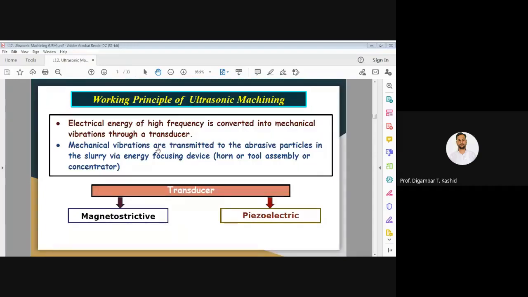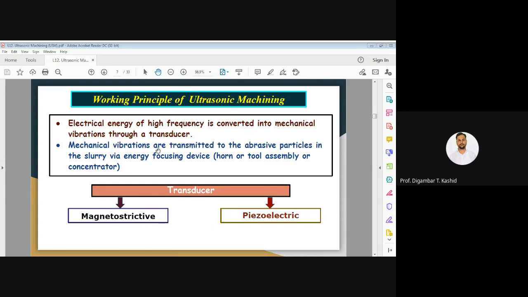Now I will explain the working principle of this ultrasonic machining. We have seen that electrical energy of high frequency is converted into mechanical vibrations through the transducer unit. These mechanical vibrations are transmitted to the abrasive particles in the slurry via an energy focusing device. And that energy focusing device means what?